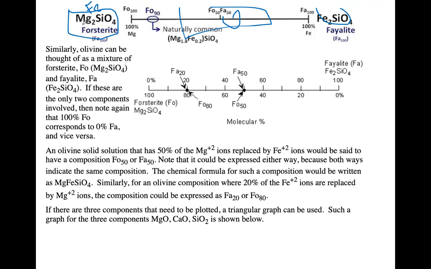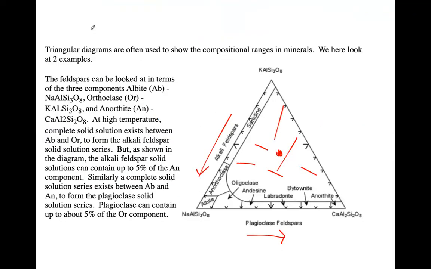This is the ideal situation, but once a solid solution is happening, it will reduce the amount of magnesium and incorporate some iron, but you don't know the cation ratios that represent your composition.